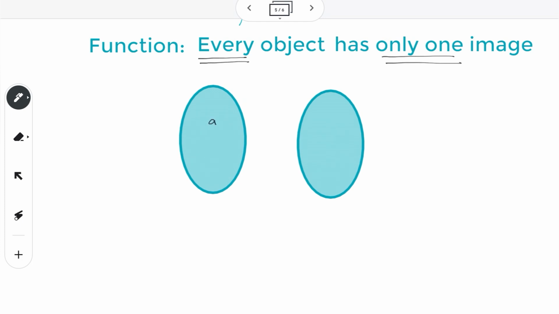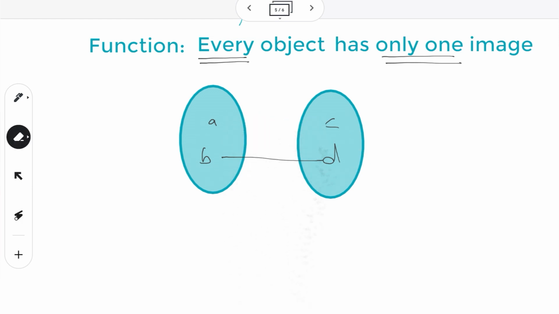Let's say we have 2 data points here, and in each set of data. If I draw one relationship like this, it is definitely a function because every object has one image.